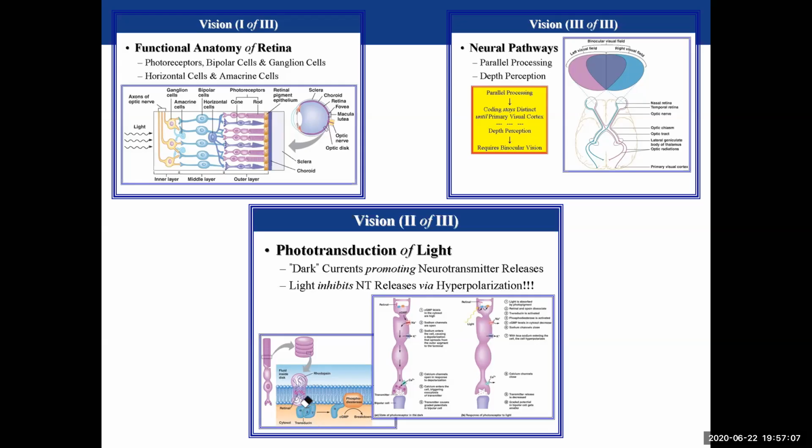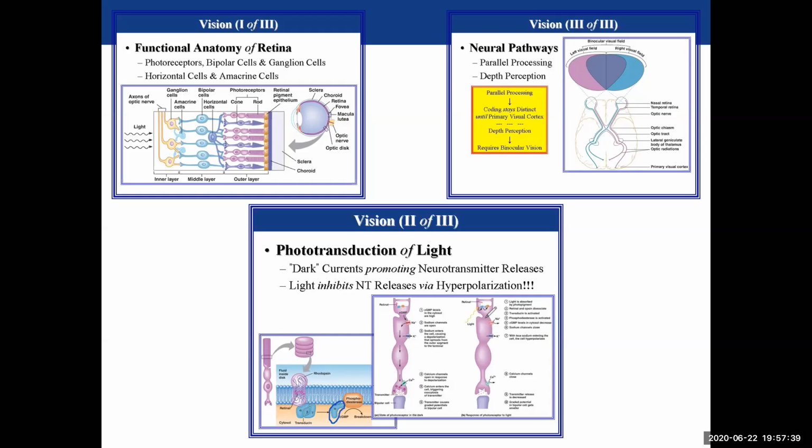More specifically, the alpha subunit of the G protein activates a membrane protein acting as an enzyme called phosphodiesterase. That enzyme, phosphodiesterase, destroys the cyclic GMP. So it decreases the concentration of cyclic GMP in the cytosol of this photoreceptor cell.